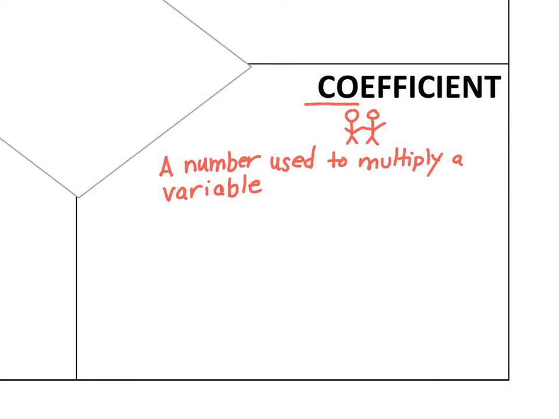That would be an example such as 2x, which is really the same as 2 times x. Or we could say, ignore the bell, 3r, which is the same as 3 times r, right?